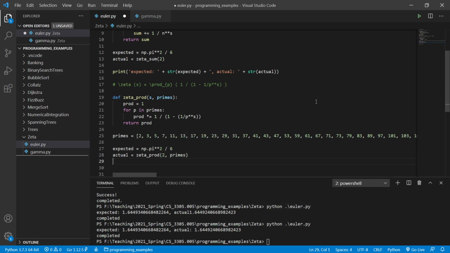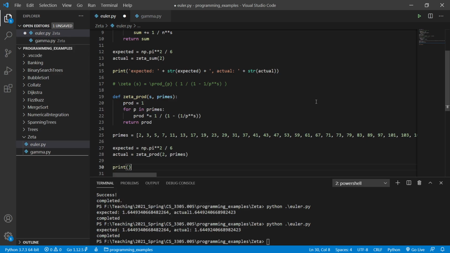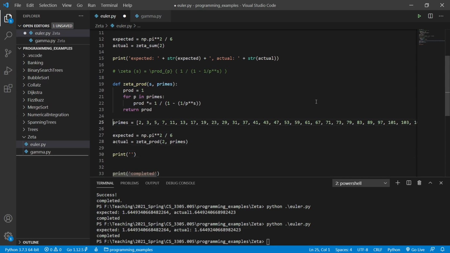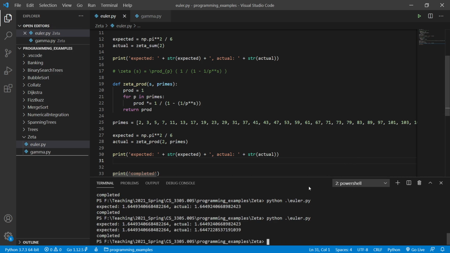And then we just print it out. Okay, so let's see how that goes. And you can see it actually worked pretty well.